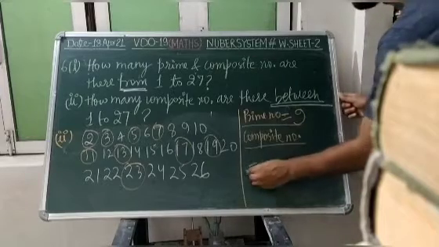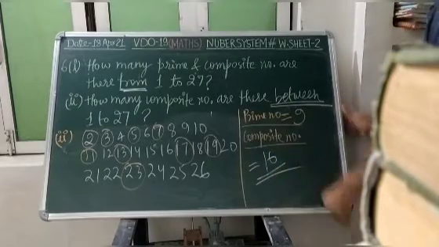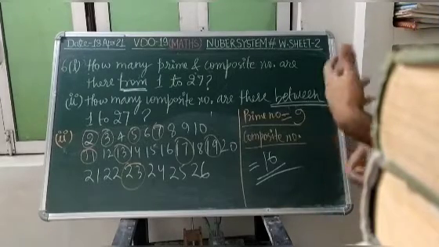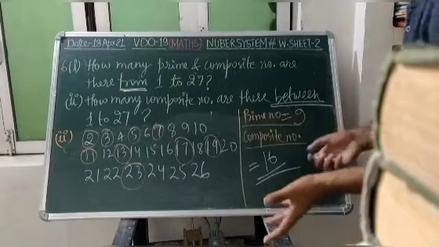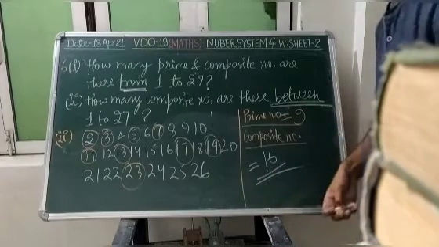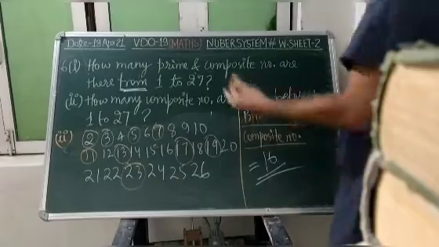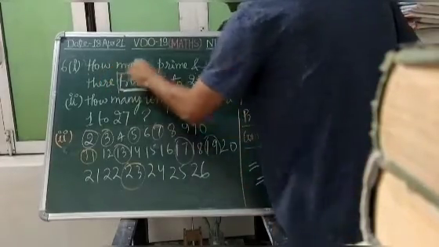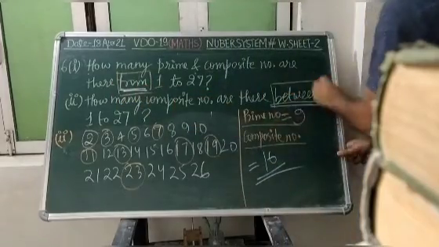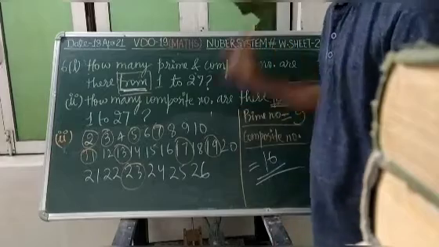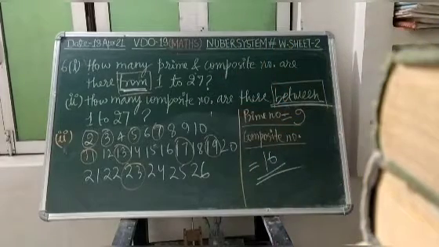So the composite number count will be 16. Okay, do it 2, 3, 4, 5 times now. One thing you will remember when finding this kind of problem, whether they write from or between: between, you will ignore the numbers; from, you will include those numbers. Okay.